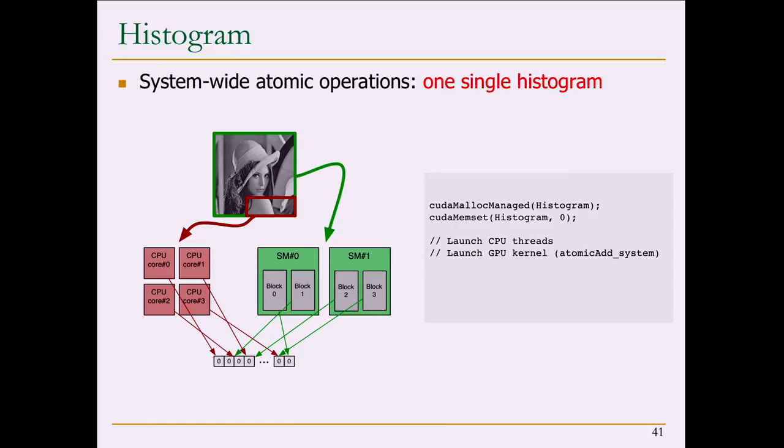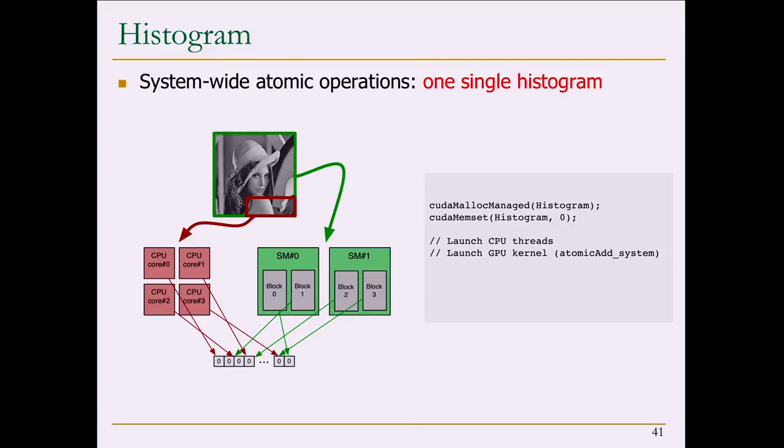Even though we have unified memory or shared virtual memory, and it's possible for the GPU threads to access something that has been allocated on the CPU side, it will take quite a bit of time. Every time we want these threads to access data, in this case output bins that are on the other side, we need a page fault.